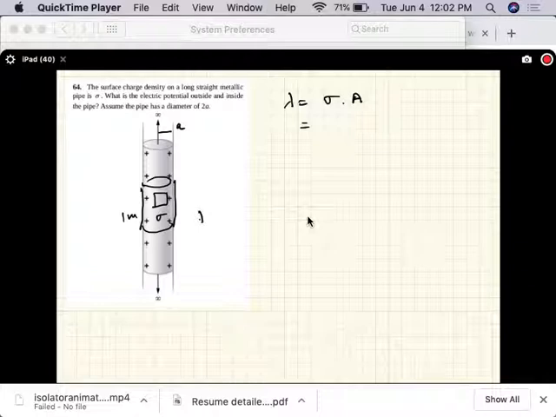Here, a is the radius, so 2 pi a times 1 meter. So it would be sigma times 2 pi a, that's the circumference of the circle, times the height, 1 meter. So lambda is 2 pi sigma a.